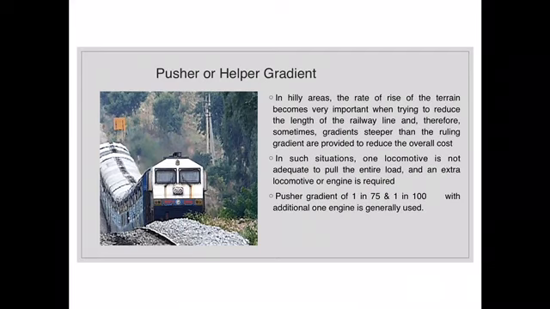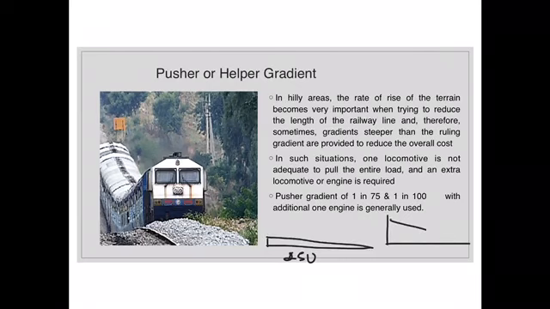For example, here, for our ruling gradient, I am talking about 1 in 150. Sometimes it is unavoidable for us to provide a steeper gradient. You can see here the limit for the pusher gradient is 1 in 75, which means steeper gradients are there.